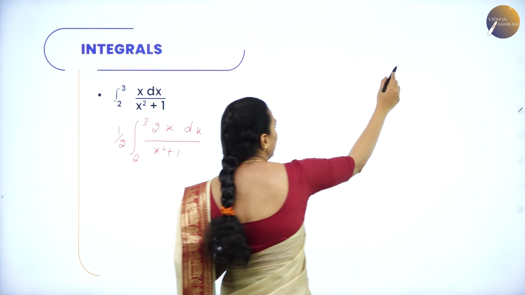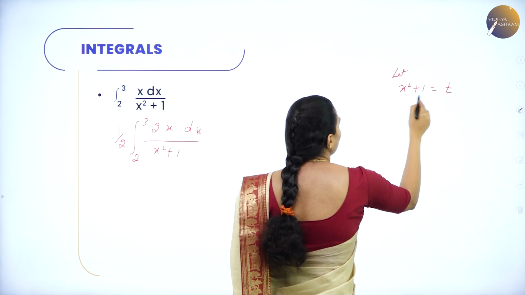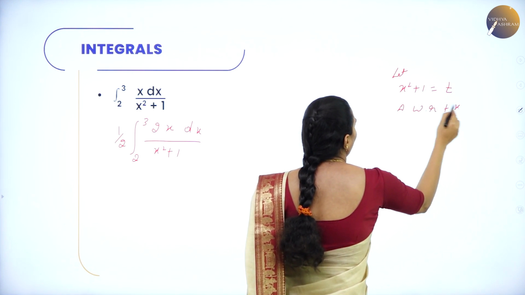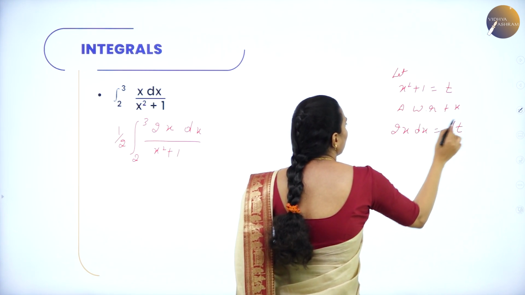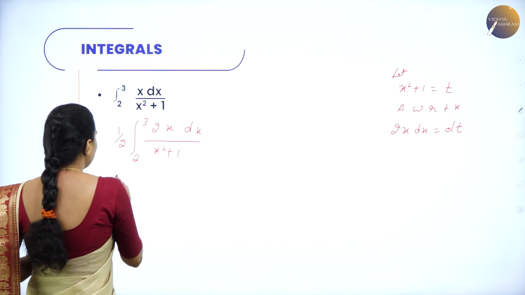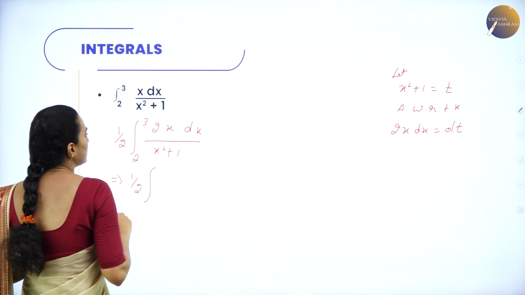Now let x squared plus 1 be equal to t. Differentiate this with respect to x, and you get 2x dx equal to dt. So 2x dx is nothing but dt.